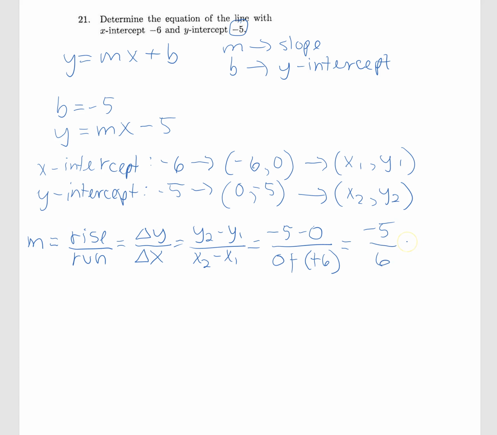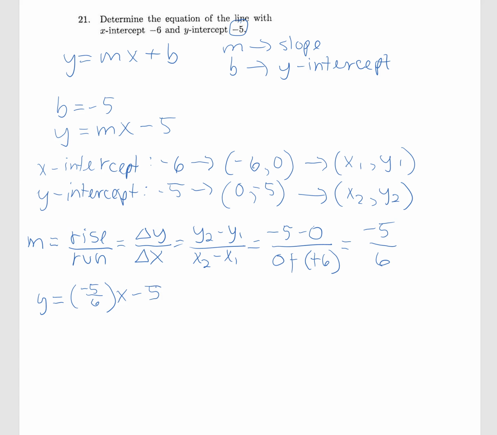So this tells us that our slope is -5 over 6, and that's as much as we can simplify that. So let's plug this in for m in our equation. We get y is equal to -5 over 6 times x minus 5. So that's our equation of our line.